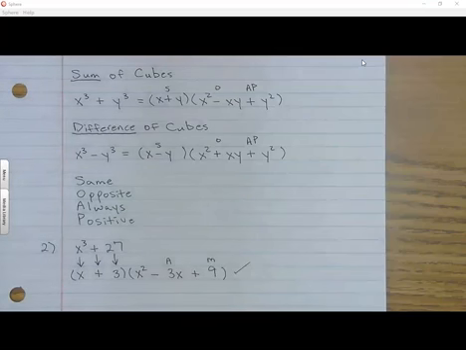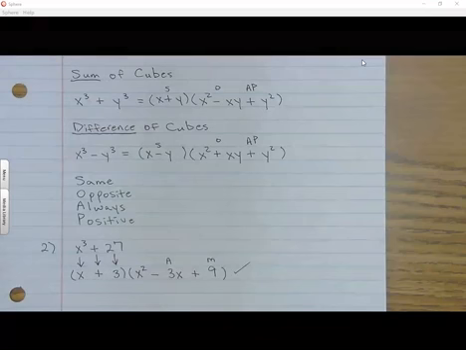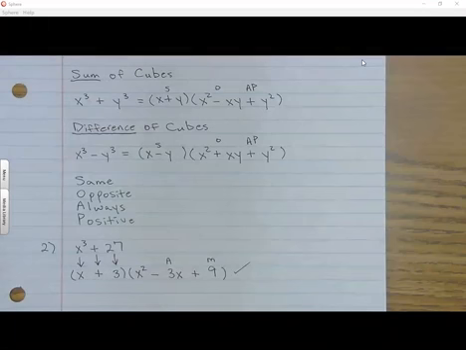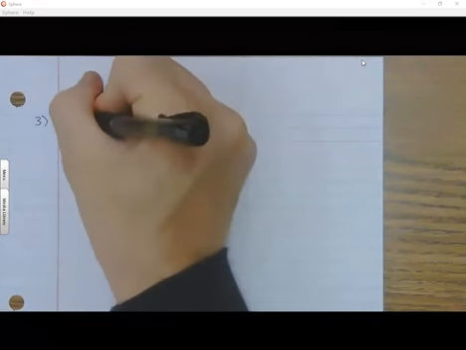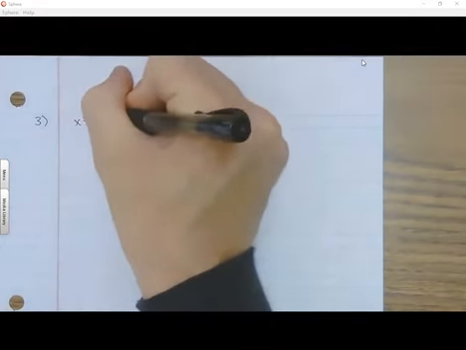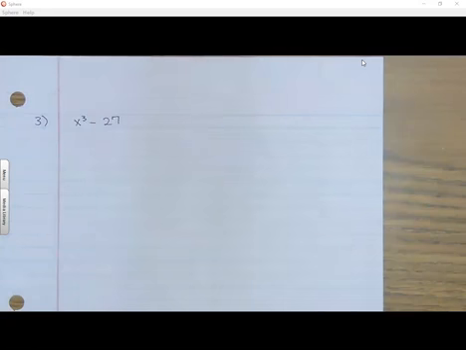Okay. Let's try number 3 now from the classwork. Okay, number 3 says x cubed minus 27. So I start thinking about cube roots, right?